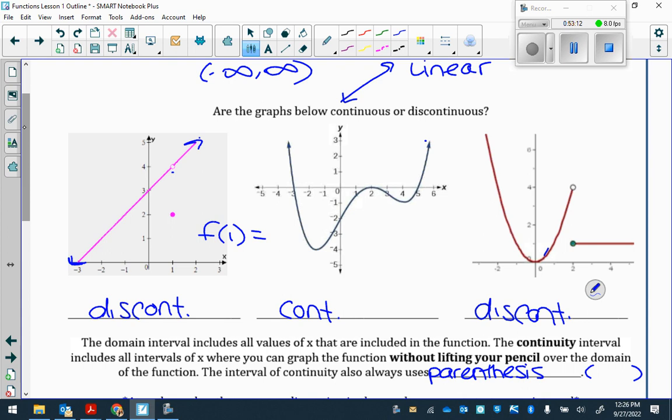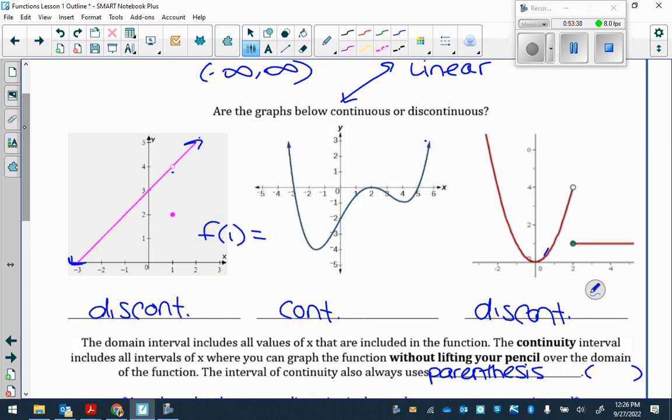f of 1, what would you say? How many of you say 4 for f of 1?